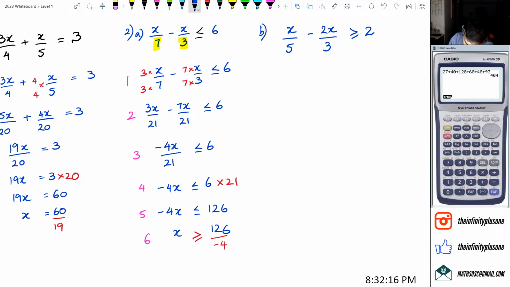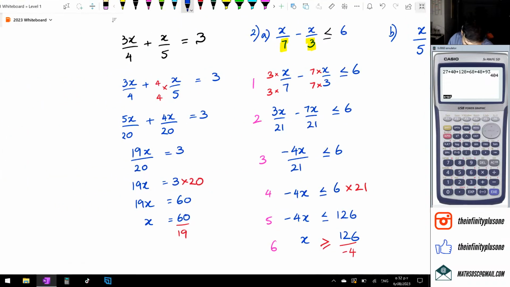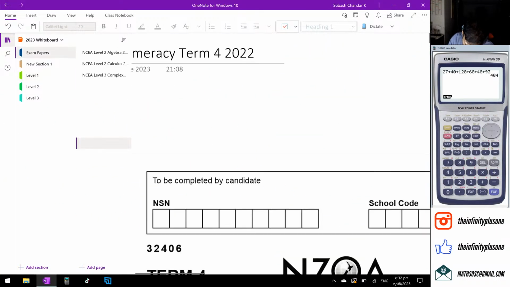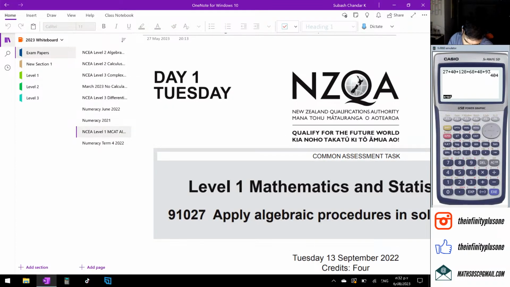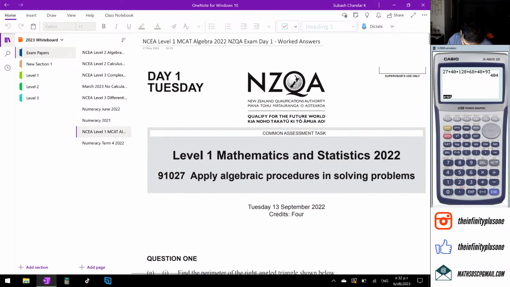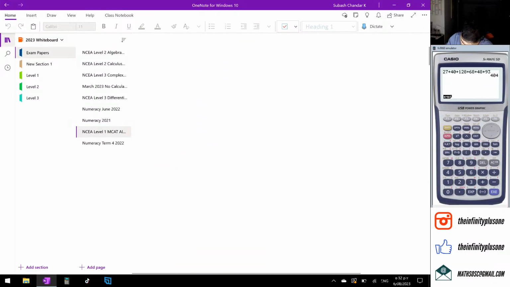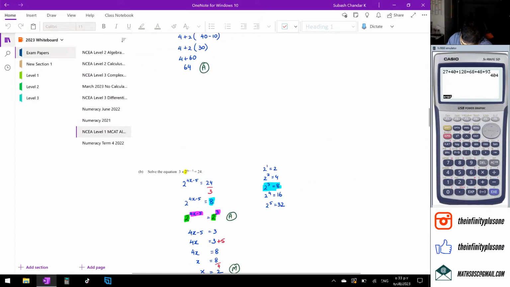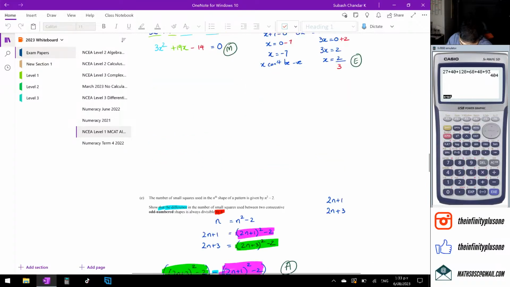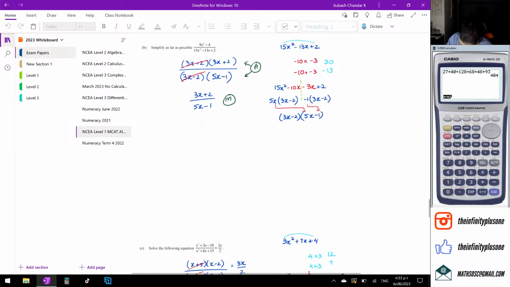Let me have a look. Level 1 algebra. I can't remember off the top of my head, I've got to go to the notes and check this out. Question 3C.